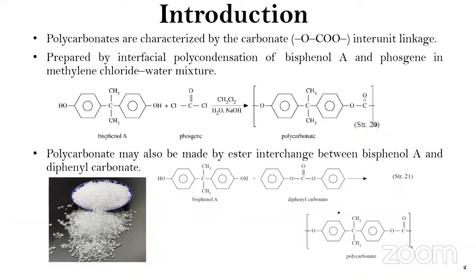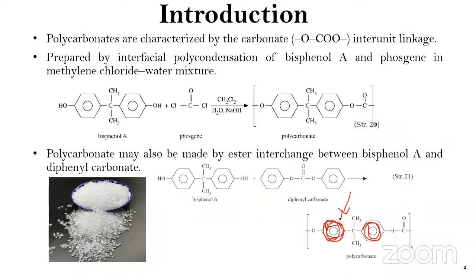Okay, if you look into this structure, it has a double bond over here. So they have a very good amount of electron cloud in this benzene and in this benzene. So what will happen when the electric current comes across here?